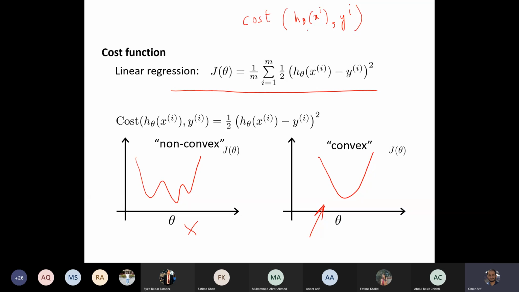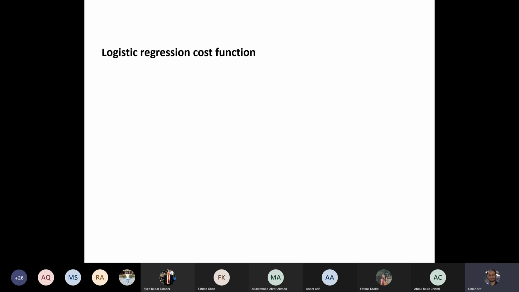So the cost will depend on both of these. In the case of linear regression, the cost is simply: we take this difference and compute the square. This gives me the error on the training example that I'm considering. Now, in the case of logistic regression, this is the cost function.